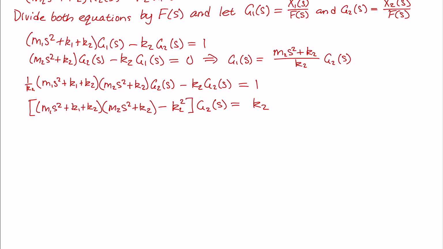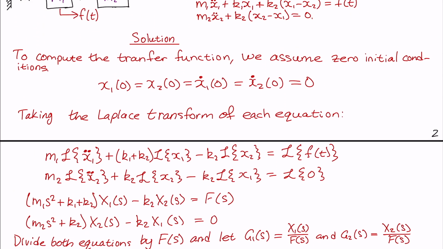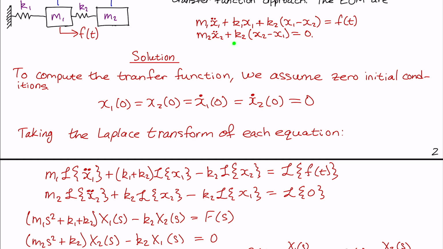If you go up previous to that, oh no, I might have been writing K1 where I was supposed to write K2. Yeah, I've got to go back to the previous page. Whoops. Yeah, the coupling spring here is K2, and so in the second equation, there's no grounding spring.